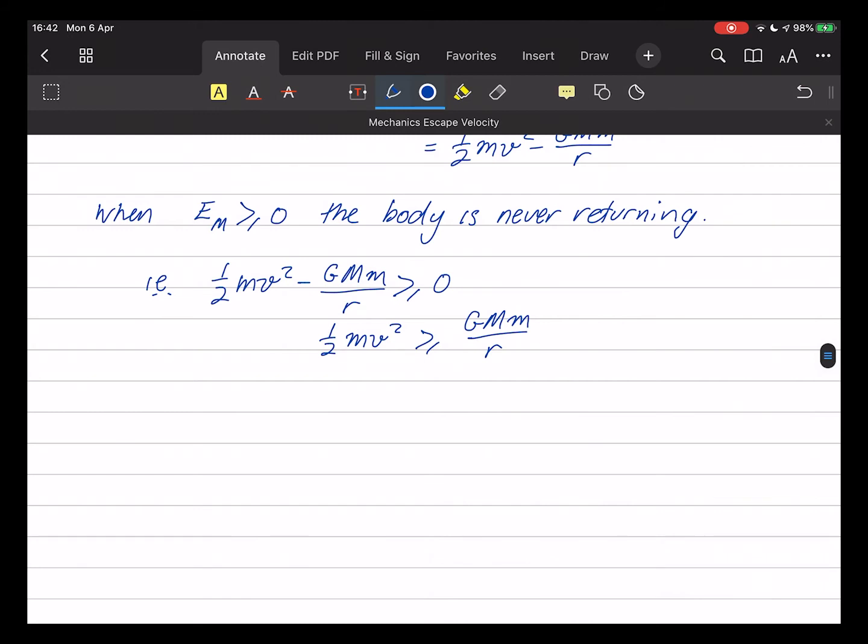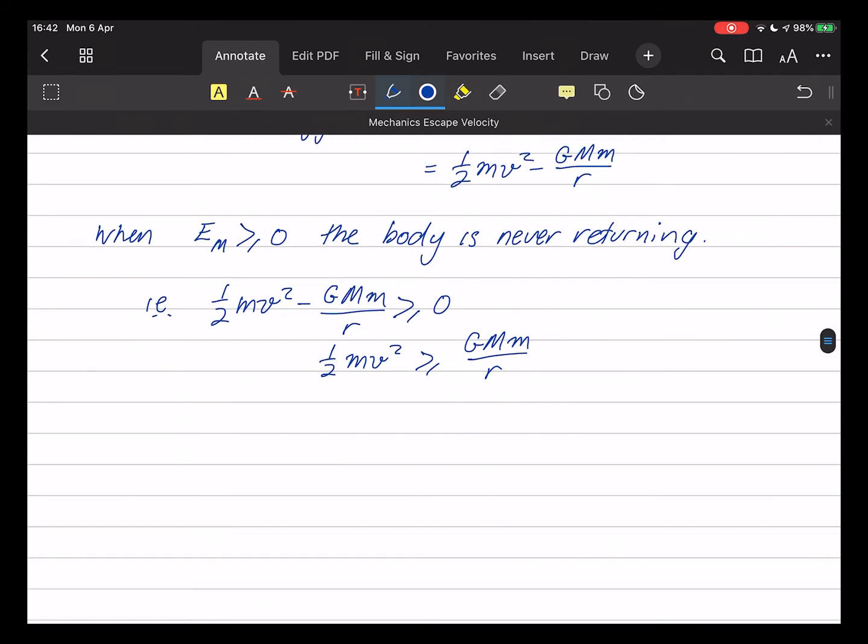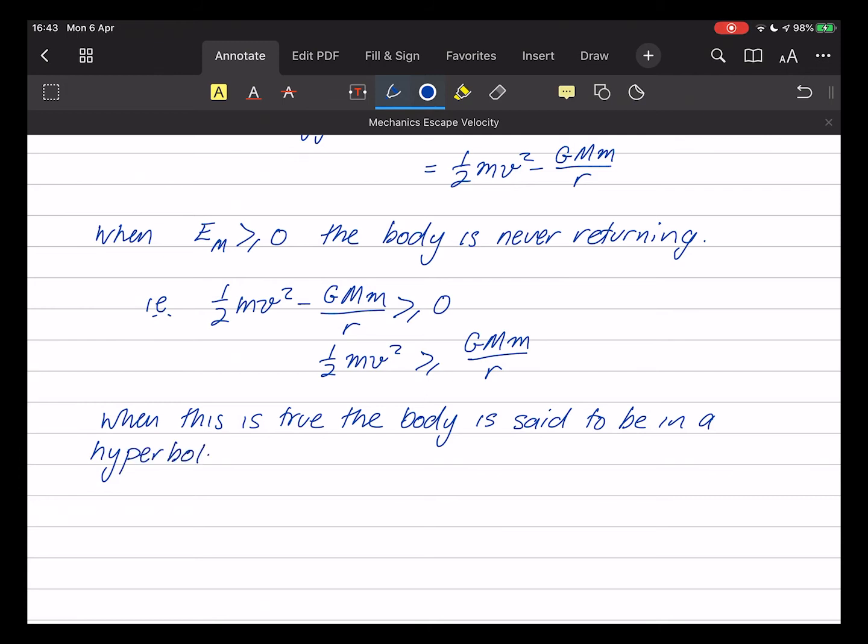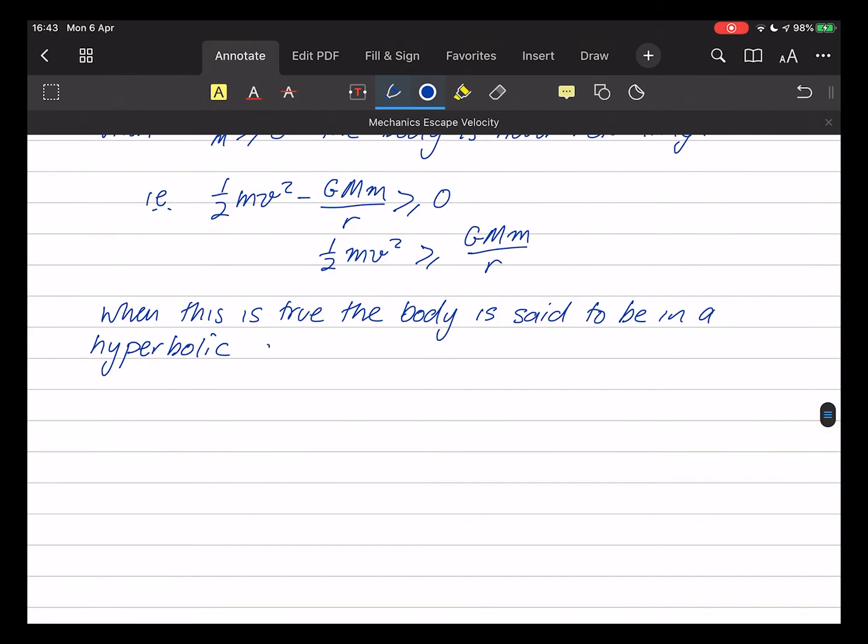So when this is true, this implies the body is said to be in a hyperbolic orbit.